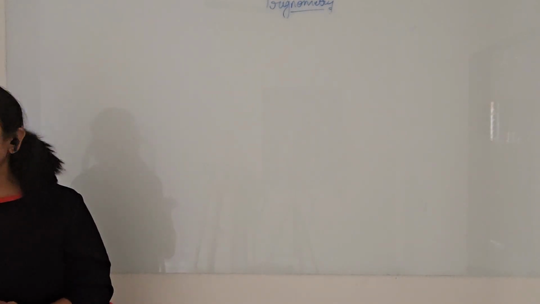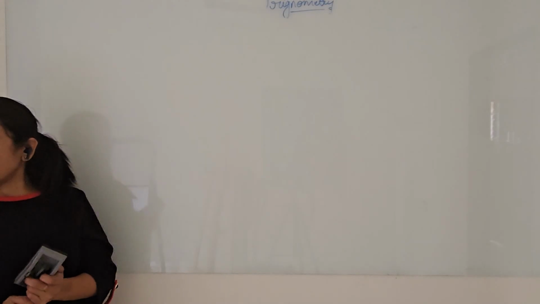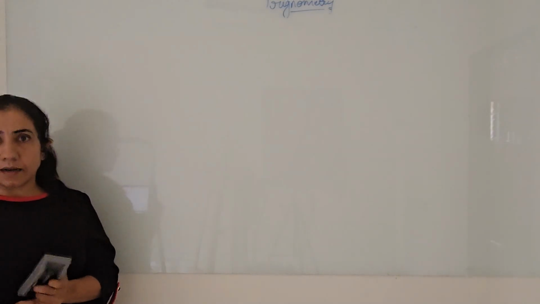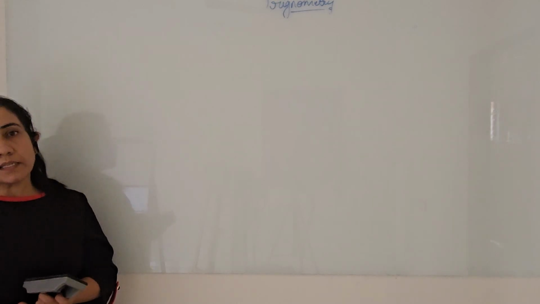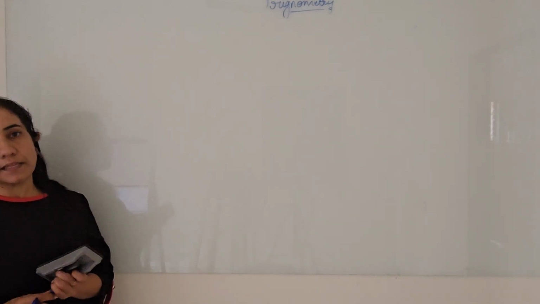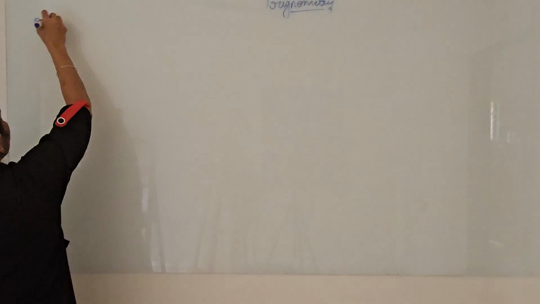If given that tan theta is equal to 1 by root 3, then find the value of (cosec^2 theta minus cot^2 theta) upon (cosec^2 theta plus sec^2 theta). This is question number 4.